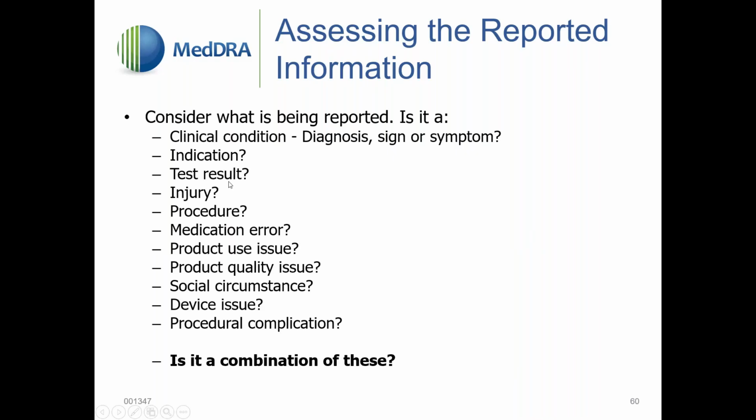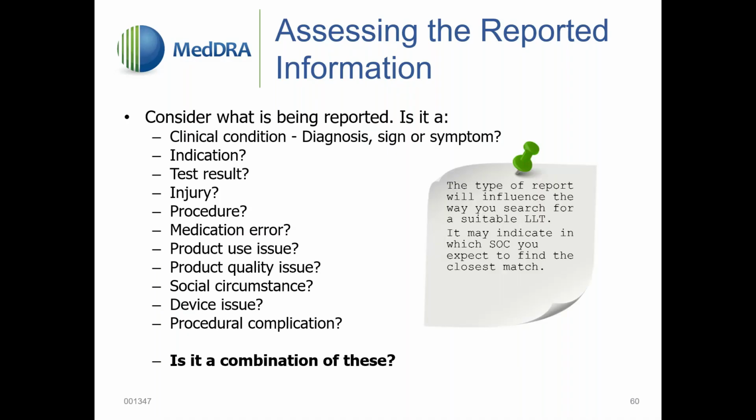If it is a test result, a term that relates to an injury, a procedure, whether it represents a medication error or a product use issue where it's not clear whether it was an error or where this information is missing, whether it refers to a quality issue, social circumstance, device issue, procedural complication, or even a combination of these. Because the type of report will influence the search that you will perform for suitable MedDRA terms.